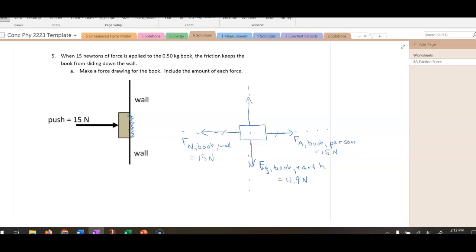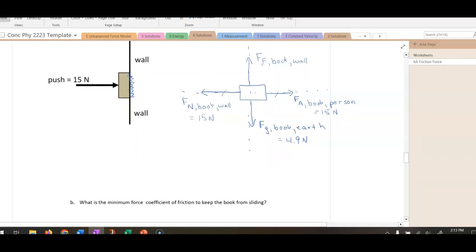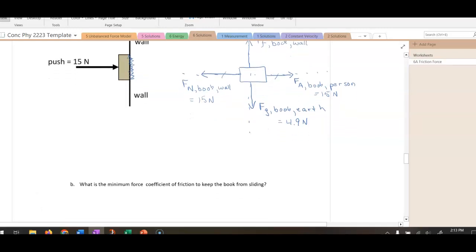The reason that the book doesn't slide downward is because there's a friction force on the book by the wall. Okay. So it says, what is the minimum coefficient of friction to keep the book from sliding? So if there's no sliding, we know that the net force in the vertical direction is going to be 0.